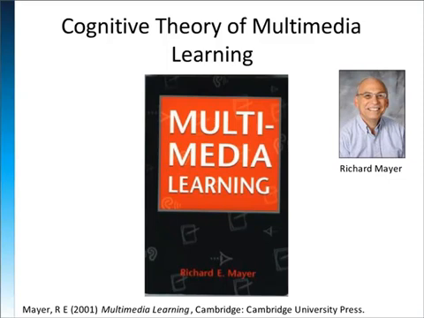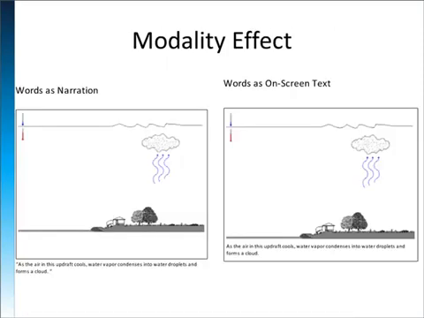So he proposed something he called a cognitive theory of multimedia learning and published a book describing his research findings. Now, he based his theory in part on cognitive load theory, but also developed this theoretical framework based on his research. What Mayer found was something called the modality effect.